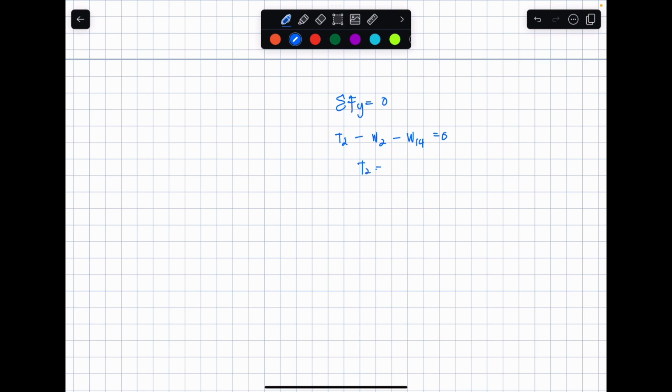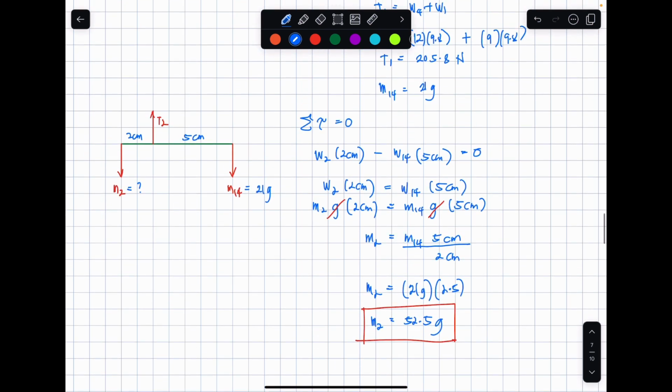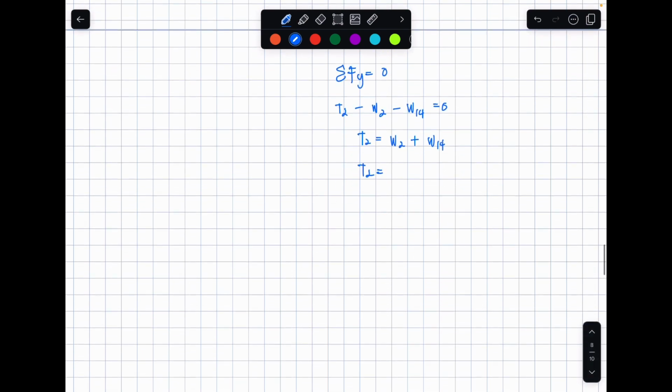So tension 2 then is just weight 2 plus weight 14. So this is mass times gravity. The mass there is equivalent to 52.5 grams.